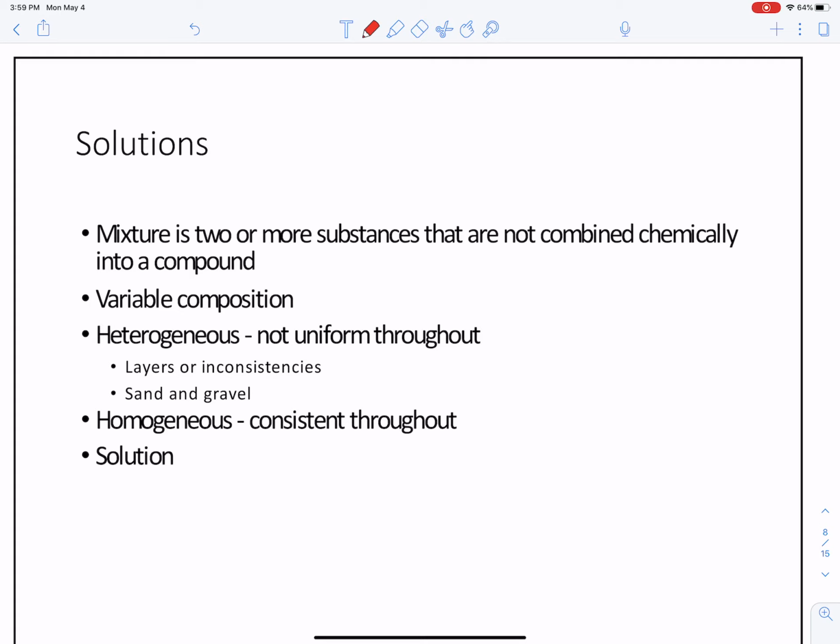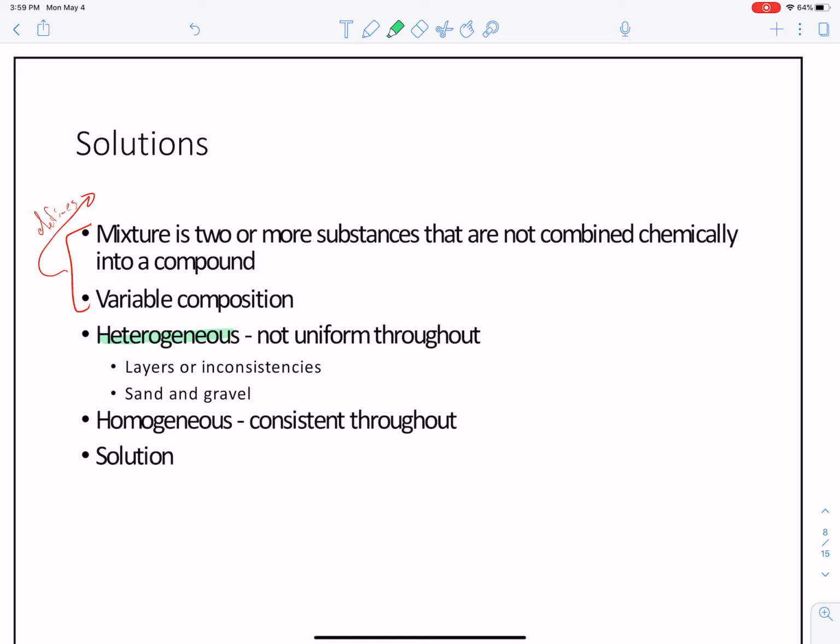So, we also find out that we have lots of different types of solutions. This is the definition for a solution, okay? This defines the solution. And you also have heterogeneous solutions that are not uniform throughout. They are a nice little mixture of stuff.